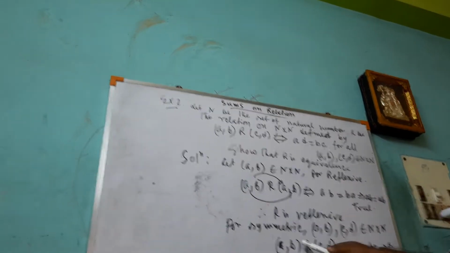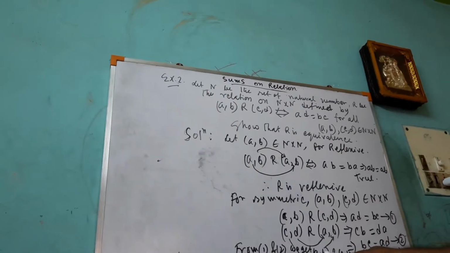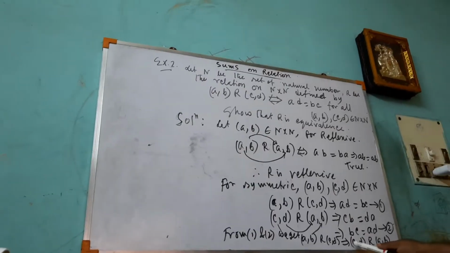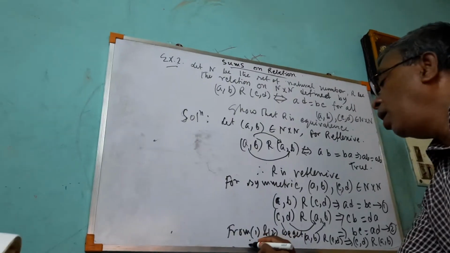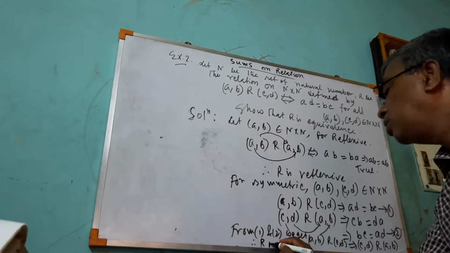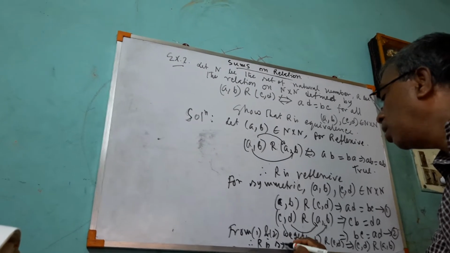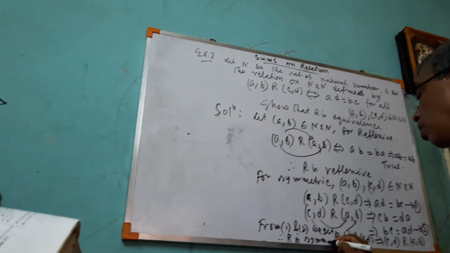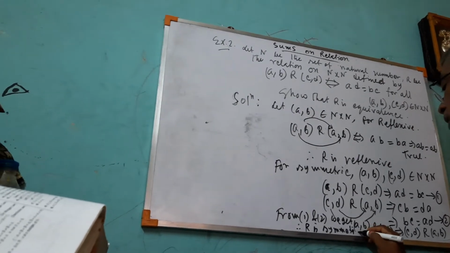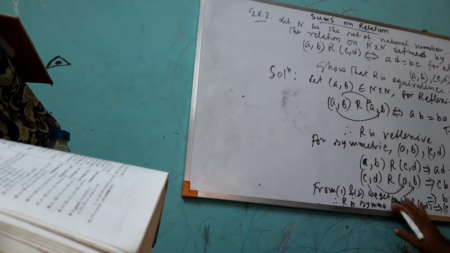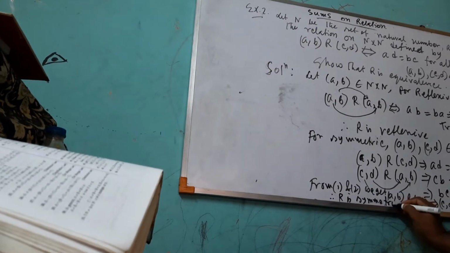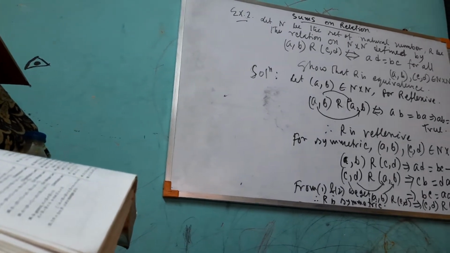That means (a,b) R (c,d) implies (c,d) R (a,b). Therefore we can say R is symmetric.